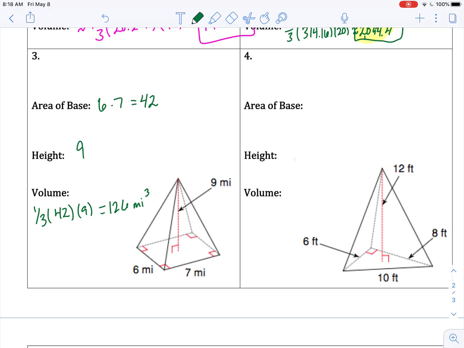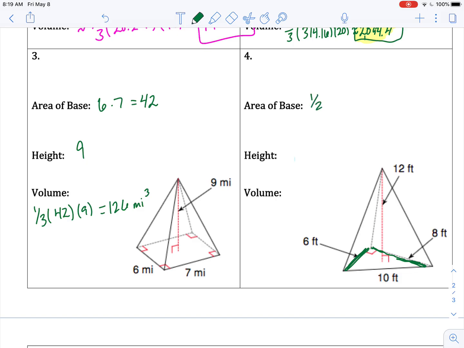And number 4, where's my base? Well, you can tell it's right here. And the way you can tell is the height of 12 feet forms a right angle with this base. Forms that right angle here. So the area of the base, to find the area of the triangle, we need the base of the triangle times the height.